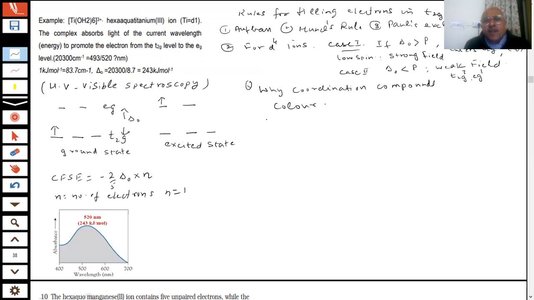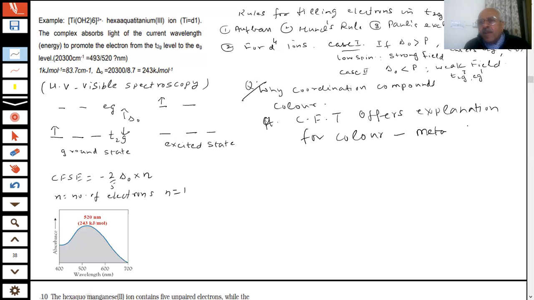Crystal field theory offers an explanation for the color of the metal ions, students, in these coordination compounds.